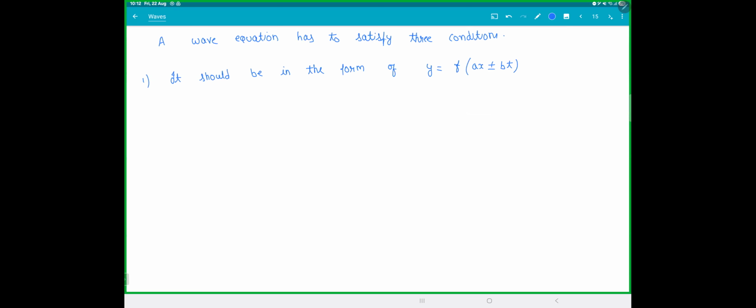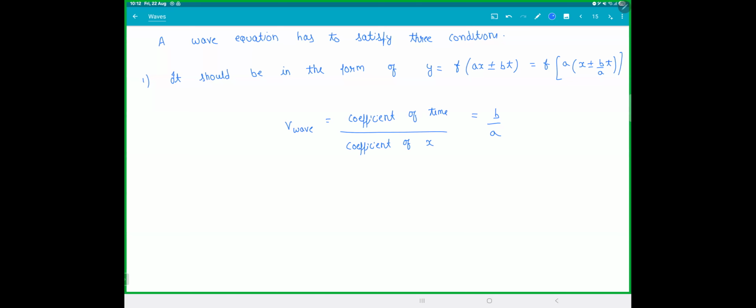We derived this. So you can actually write this thing as f is equal to, take out a common, x plus or minus b by a t. So using this, we can define v wave is coefficient of time by coefficient of x, which is b by a.